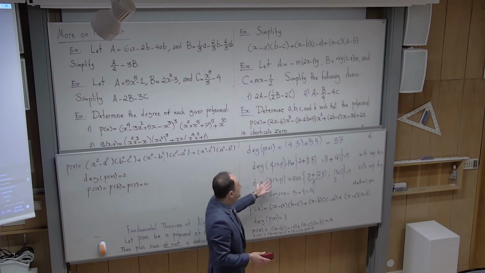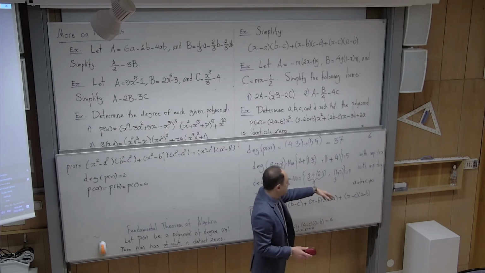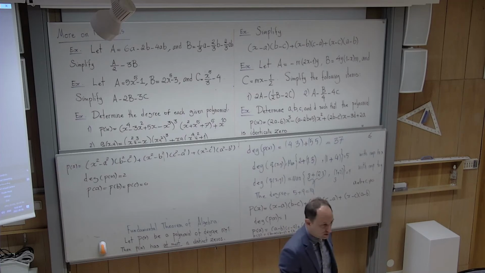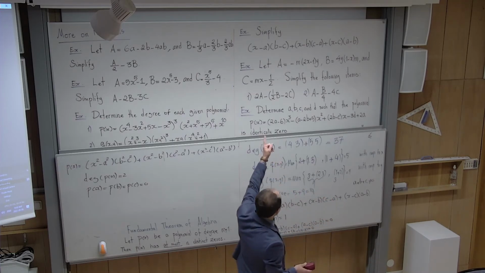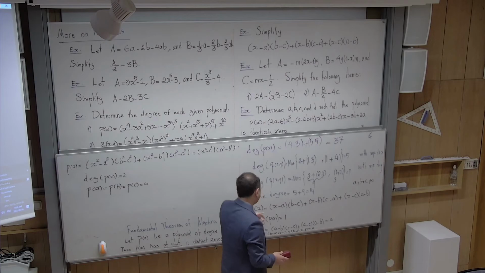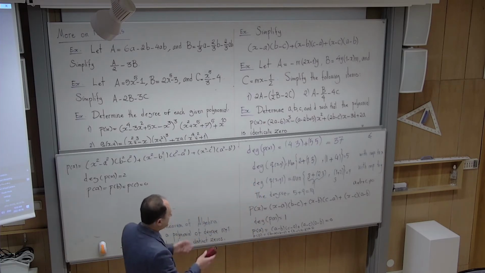But if I want to work it here, it might be better that I give numbers. So in that case, I have to be careful. I have to mention that a plus b plus c is not 0. I have to mention that all of them are distinct. And then I can use the fundamental theorem. So in that way of solving, I really don't care about anything between a, b, and c. But if you want to do something based on that, then you have to mention all the details.